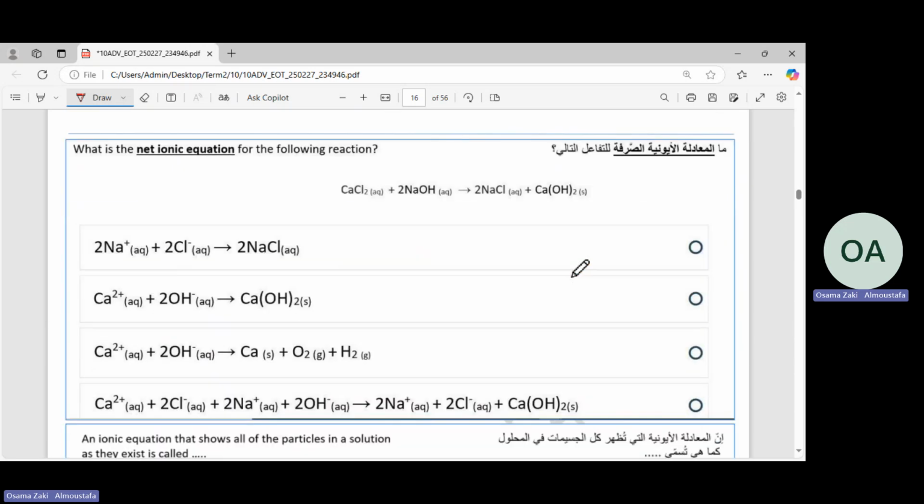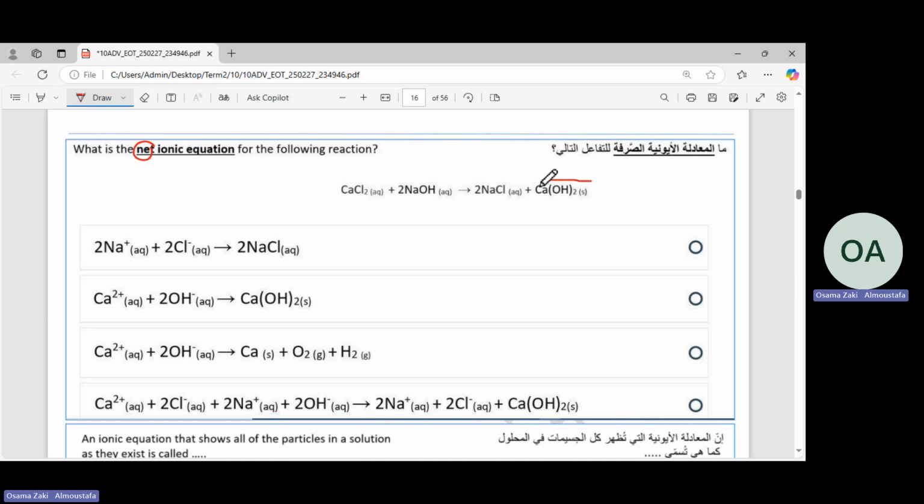Okay, so what is the net ion equation? To find the net ion equation quickly, just go to the products and look for the substance which is not aq.